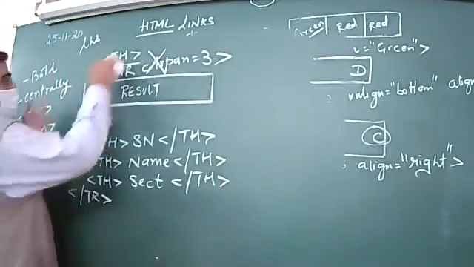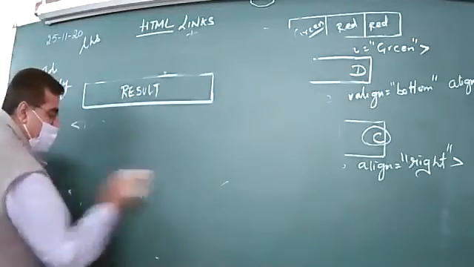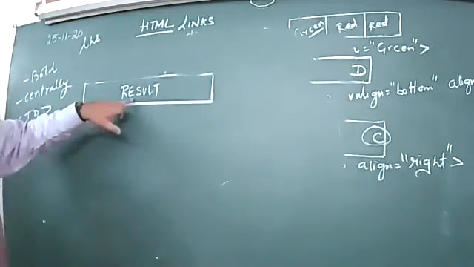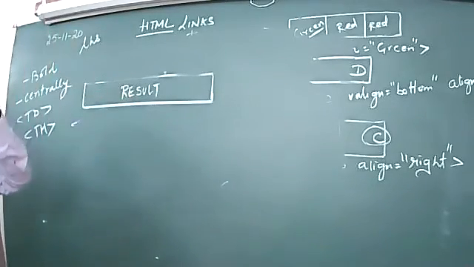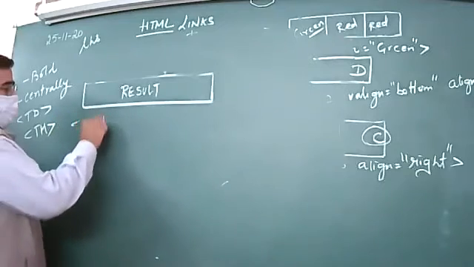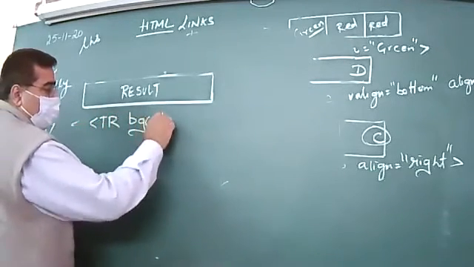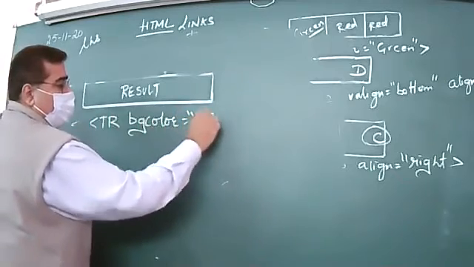Now I have one point over here. One, TH is col span by 3 cells. Second, the background color of my header row is yellow. So what you do, TR bgcolor equal to yellow.